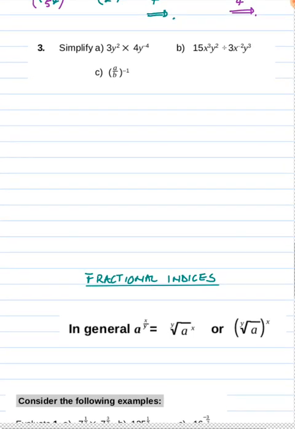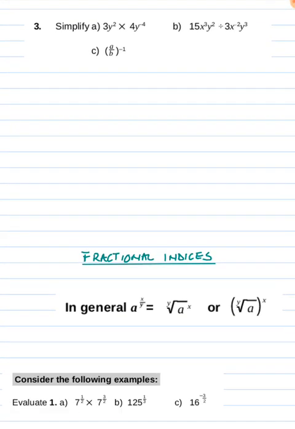Then let's look at number 3. Number 3 says simplify. For a, we have 3y squared multiplied by 4y to the power minus 4. So the numbers are multiplying: 3 and 4 multiplied gives us 12.